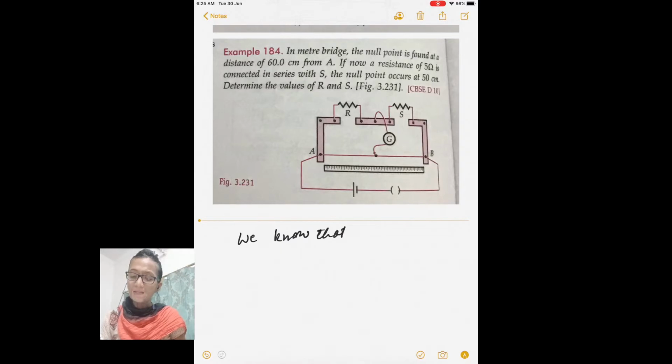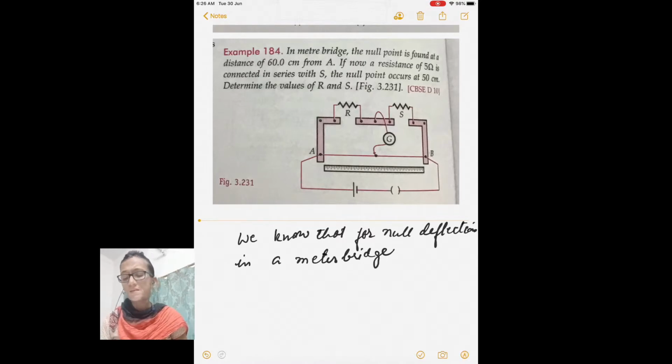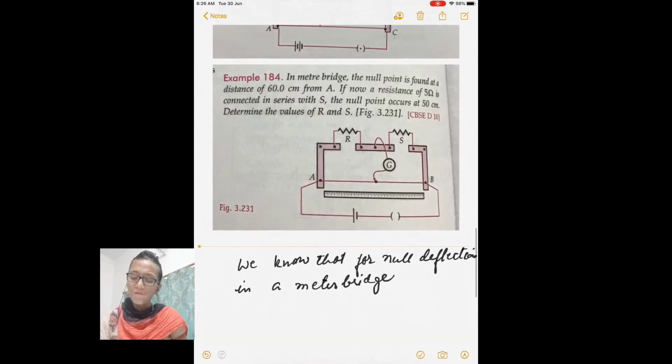In a balanced meter bridge, for null deflection in meter bridge, null deflection means zero current is flowing through this middle arm, through the galvanometer.